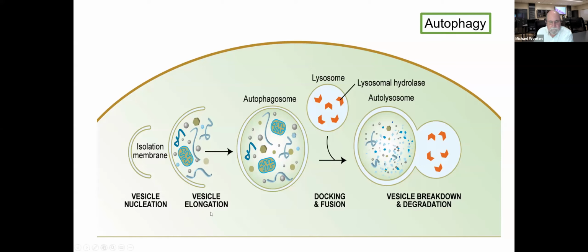And the way it's removed is by the process of autophagy. And so what we're going to produce is an autophagosome. The autophagosome is basically a vesicle membrane that collects the materials that you're trying to get rid of. They collect in this vesicle. The vesicle is then moved close to the nuclear region.